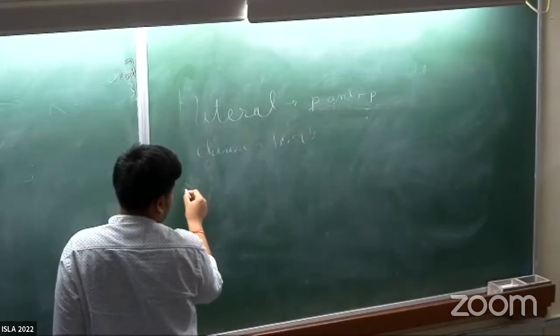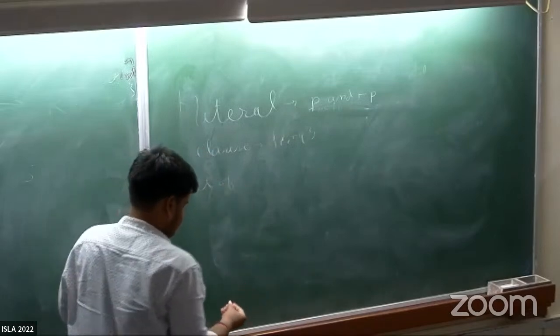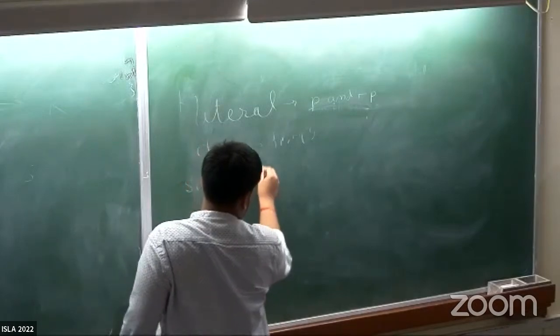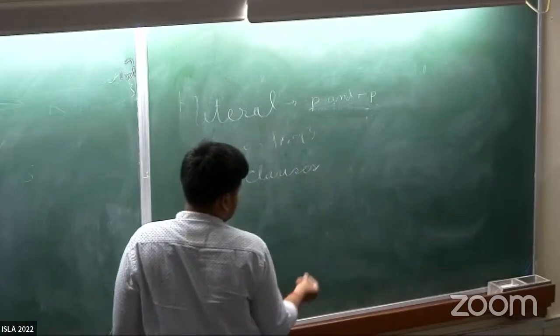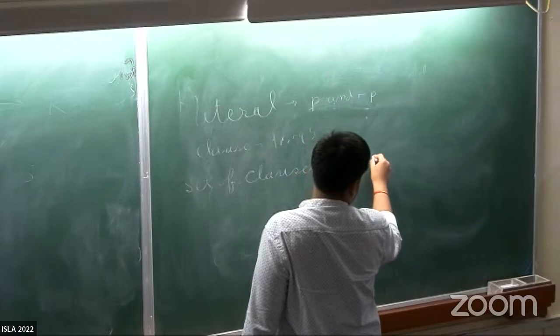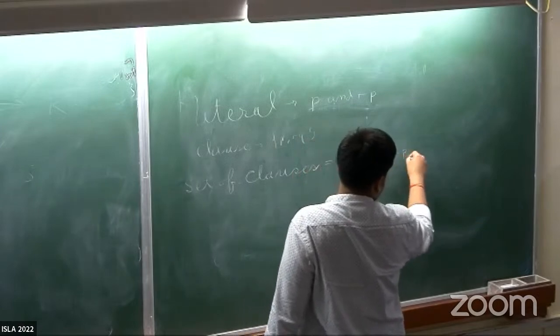Then we have a set of clauses. A set of clauses can be like {P, Q}, {negation P, Q}.